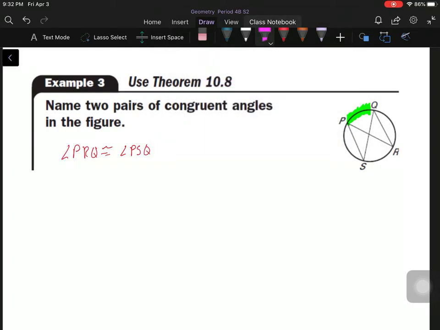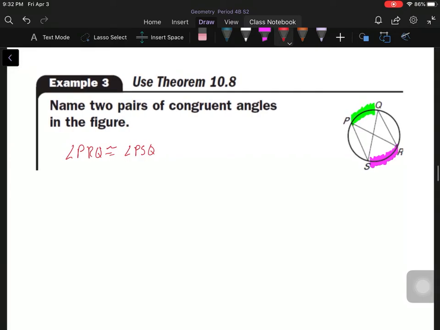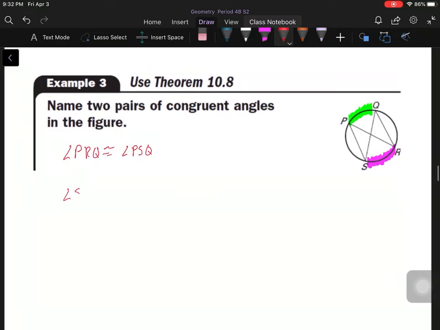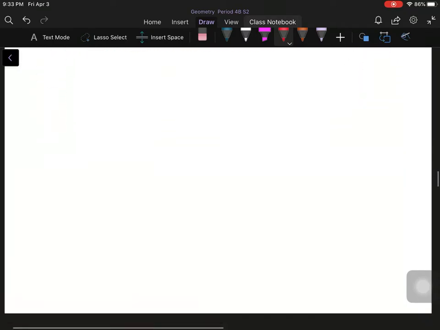Another one that we could do, if we highlight arc SR, we could also say that angle SPR is congruent to angle SQR. So those would be two pairs of congruent angles that we know, again, because the arcs that they intercept are the same.